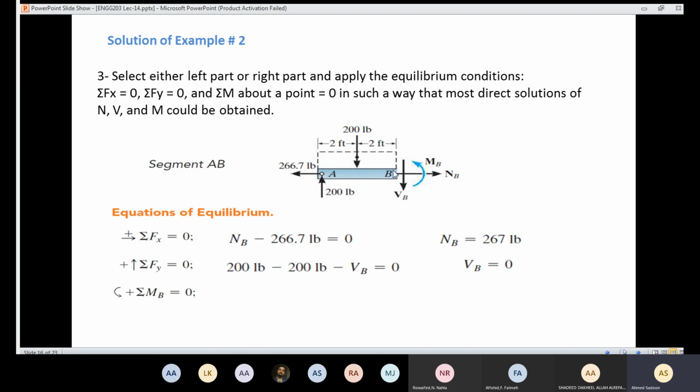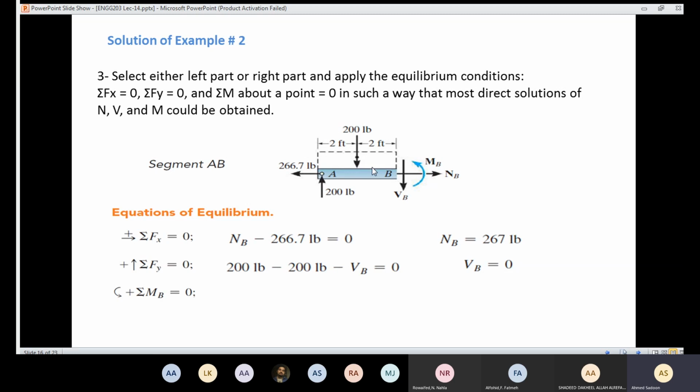Finally, I'm going to take the moment about the point B, which is here at the end of the section. Again, do not forget the sign convention. VB is not going to cause a moment, and NB is not going to cause a moment. 262.7 also is not going to cause a moment. So here I have 200, it's going to cause a moment. It's going to be negative, and the perpendicular distance is 4. This one here is going to cause positive moment because the direction is clockwise, and the perpendicular distance is 2. And here I have a couple moment, which is MB.